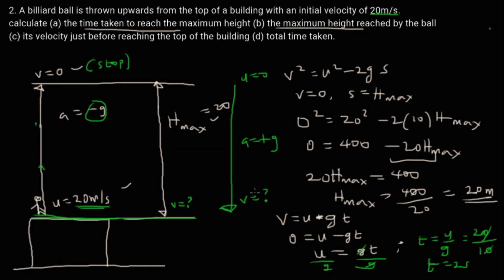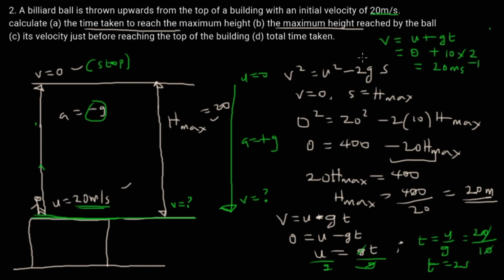To find this final velocity, we can make use of v equals u plus gt. The time it takes to reach the maximum height is the same time it will take to fall back to the top of the building. So the initial velocity is 0 plus g, which is 10, multiplied by the time, which is 2. So the velocity just before reaching the ground is equal to 20 meters per second.